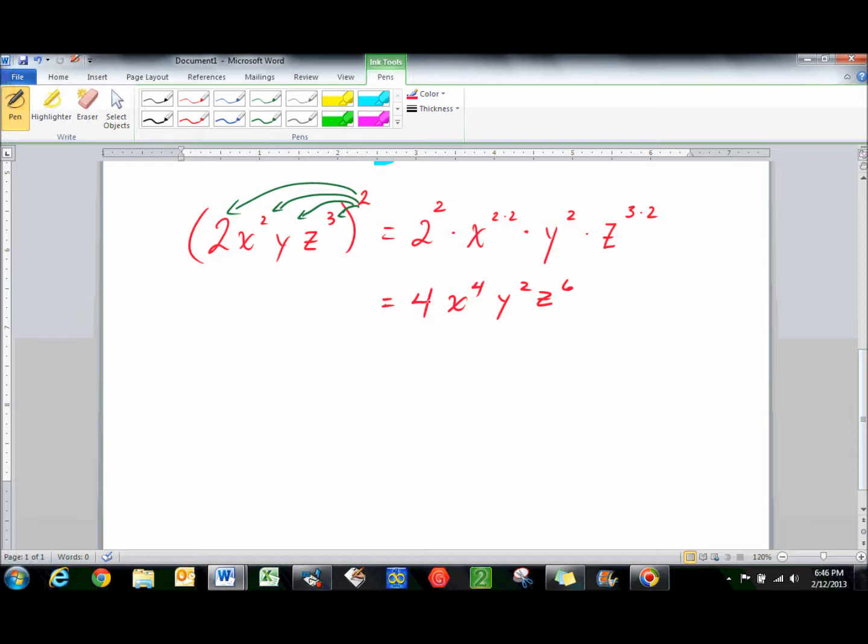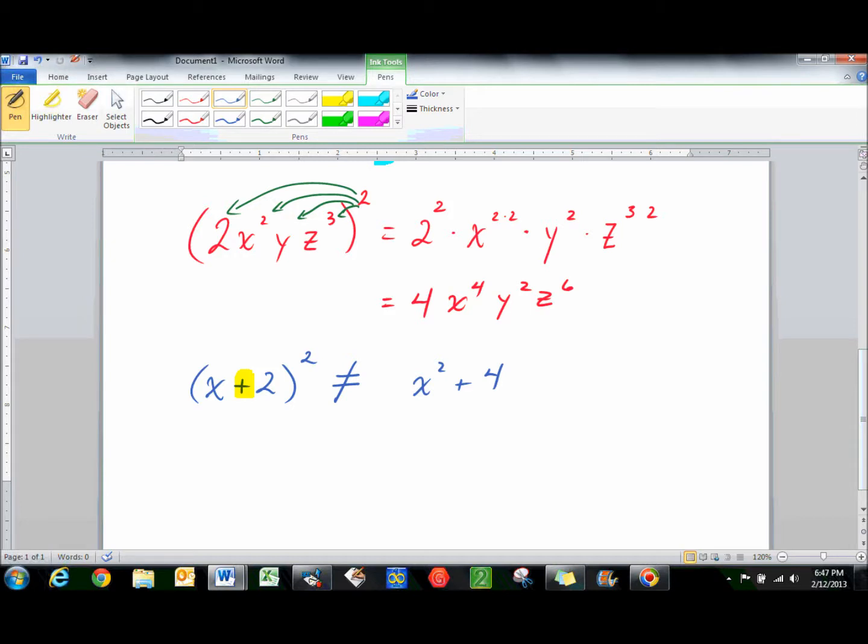However, if some of you recall from factoring, if I had a situation like this, I cannot apply the exponent to both parts because of this addition. So it's very important that you do not make this mistake with the power of a product property or the power of a power property.